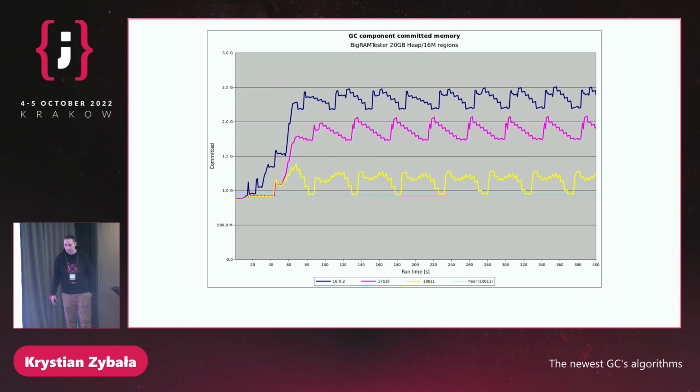And these charts can show you that, for example, using Java 16, you have some problems with G1. This is a 20 gigabyte heap and 60 megabyte regions. And for example, when you're using Java 18, update 11, you can see that this is a huge improvement.